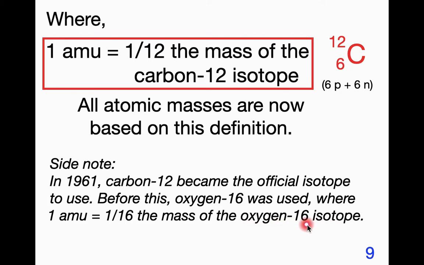Now, oxygen-16, like carbon-12, has the same number of protons and neutrons. Oxygen is atomic number 8, so oxygen-16 would mean that it has 8 protons and 8 neutrons. But oxygen is a little difficult to deal with, mainly because it's a gas, whereas carbon is a solid. So we moved over to carbon in 1961.